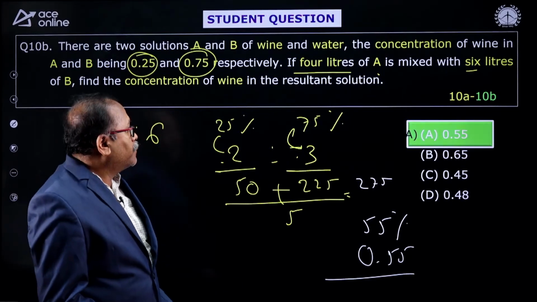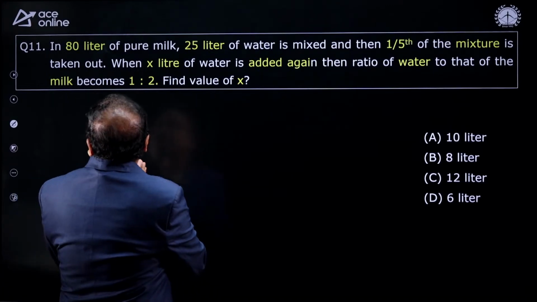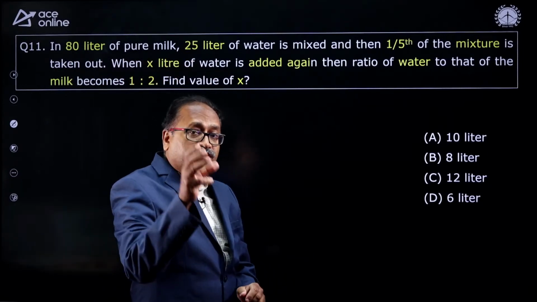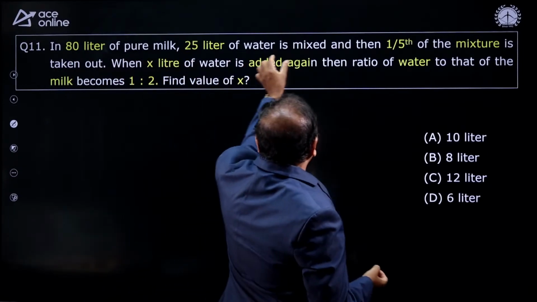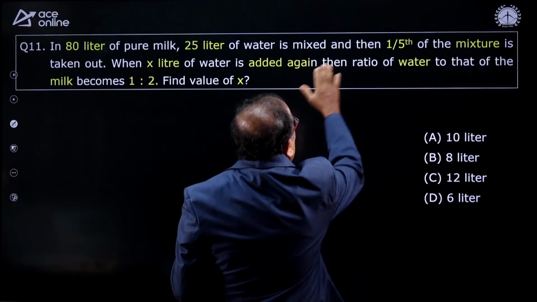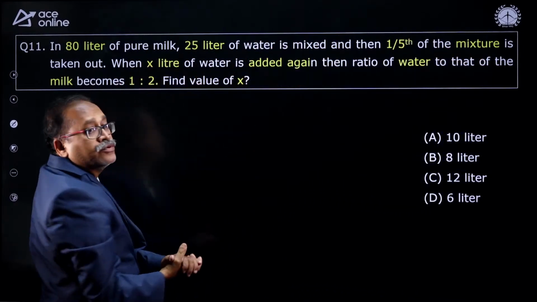Are you ready? Here. What is the question? Let's read it out. In 80 liters of pure milk, 25 liters of water is mixed, and 1/5 of the mixture is taken out.